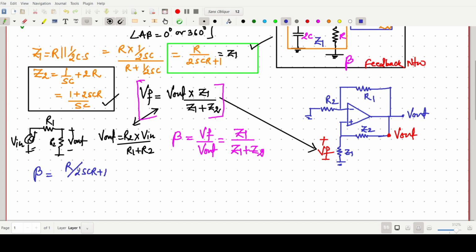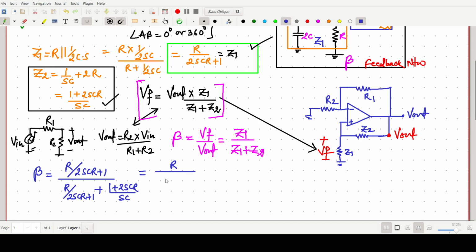Then Z1 plus Z2 is R by (2SCR plus 1) plus Z2, which is (1 plus 2SCR) by SC. Now we have to solve this one. How do we solve it?